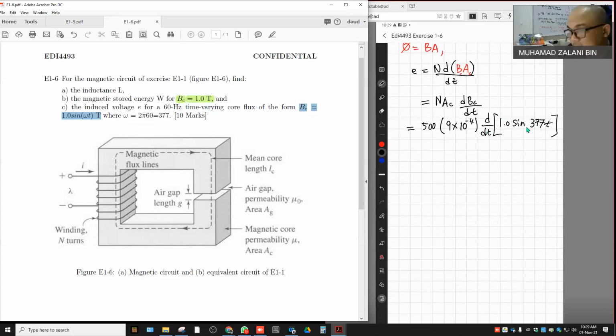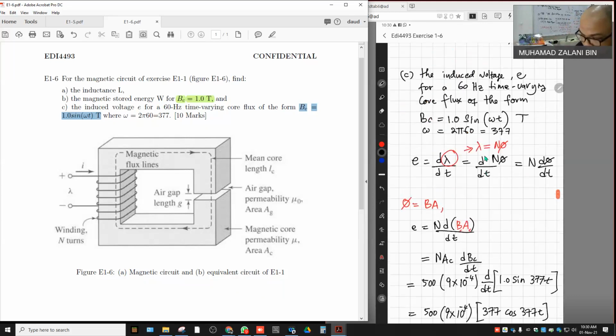Remember the derivative of a sinusoidal waveform? Continue with 500, 9 times 10 to the power of -4. Taking the derivative of sin 377t, we get 377 cosine 377t. If you don't know about this, open back the calculus book on trigonometric identities. Simplifying the constants, we get 170 cosine 377t volt.